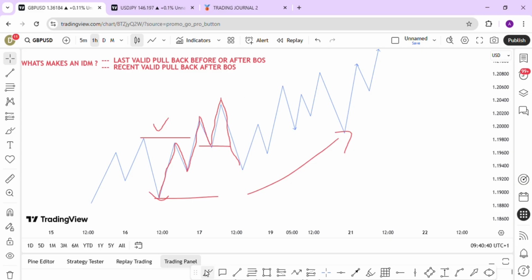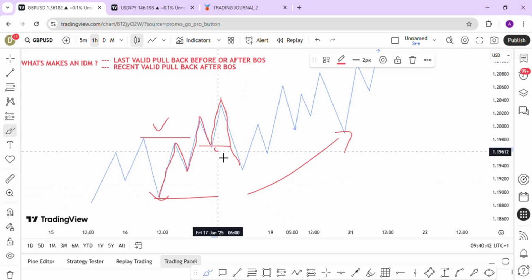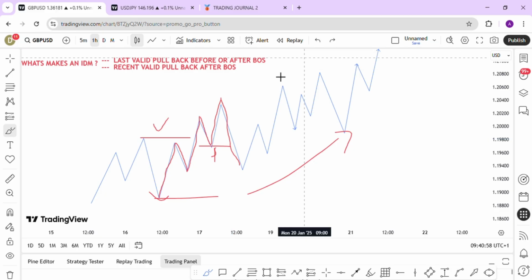So this is going to be our inducement according to this diagram. This is where the trap is. If you are trying to buy here, it's a trap. You don't buy here, it's a trap. You wait for this level to be taken out before you can think of making any decision.